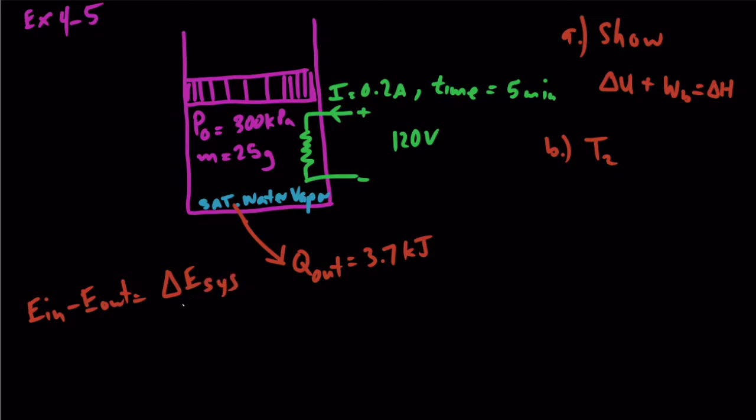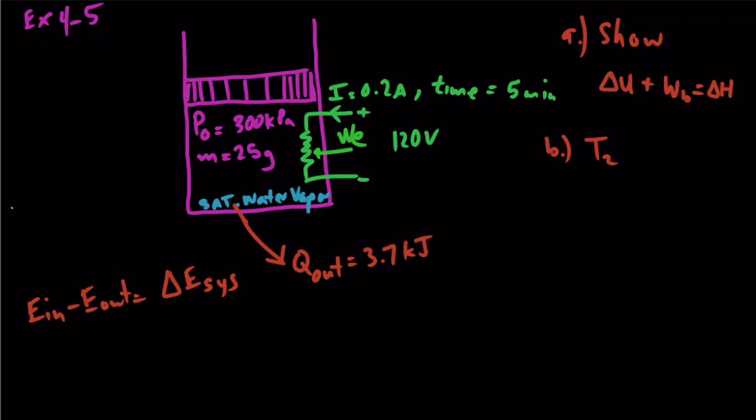Now at this point we say that the only thing happening here is that this resistor represents the electric work going into the cylinder, and this heat represents the heat that's being lost.